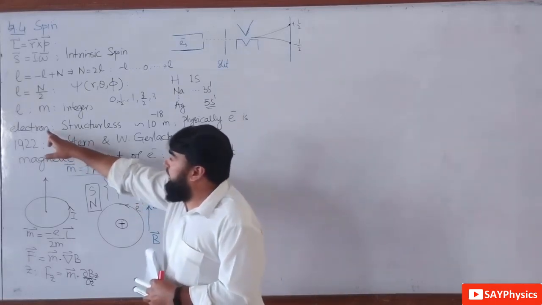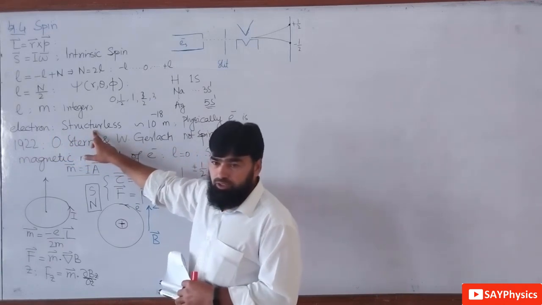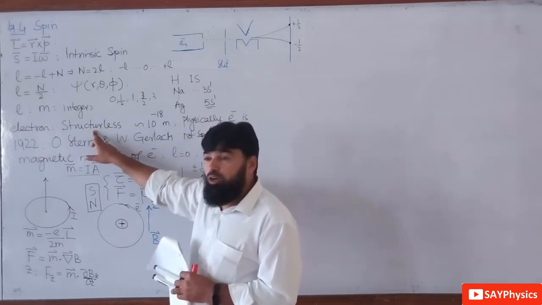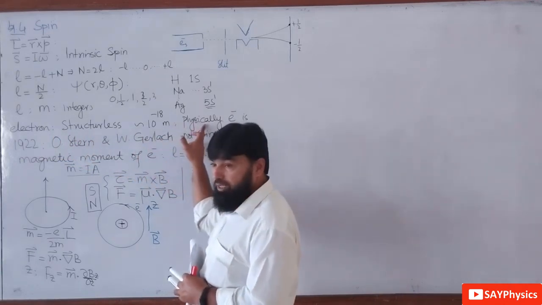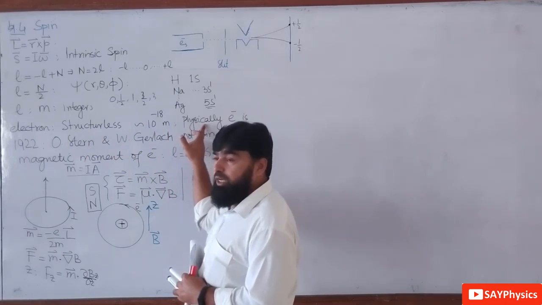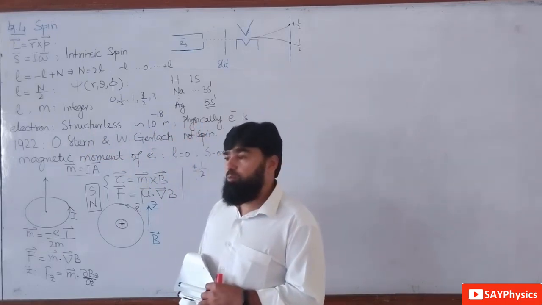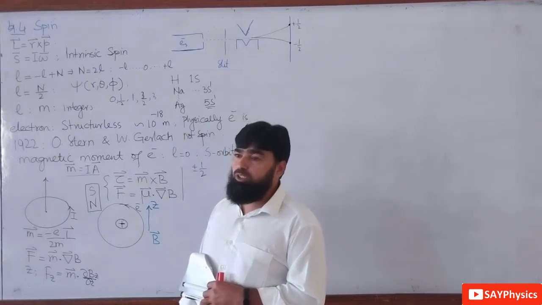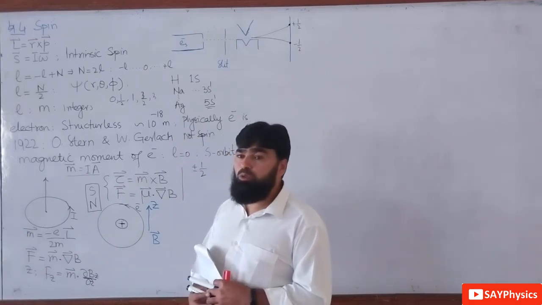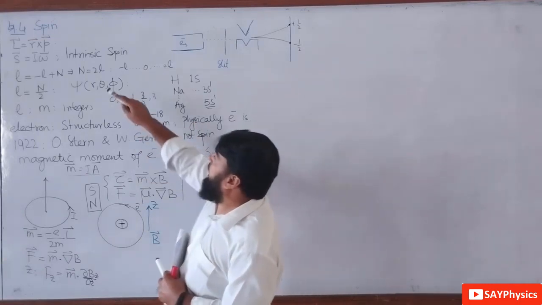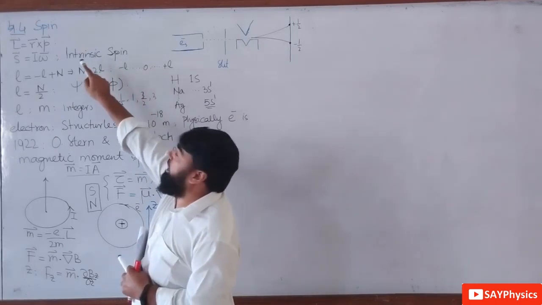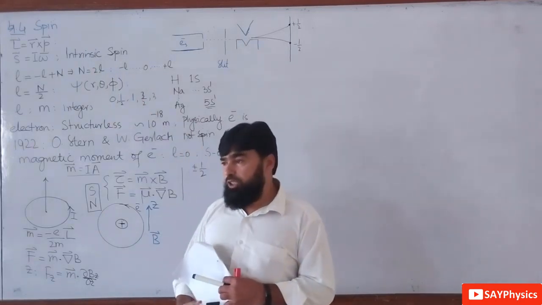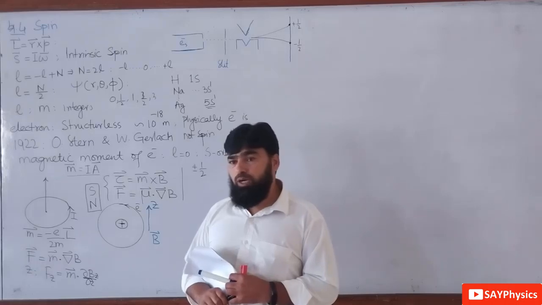When I come to the electron, it is structureless. So it is not physically spinning like our Earth, but it has spin angular momentum. And the reason for that I don't know. That's why I will have to put it as the intrinsic property of this elementary particle.